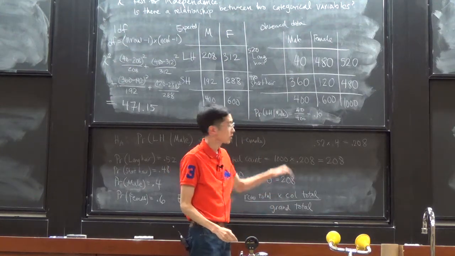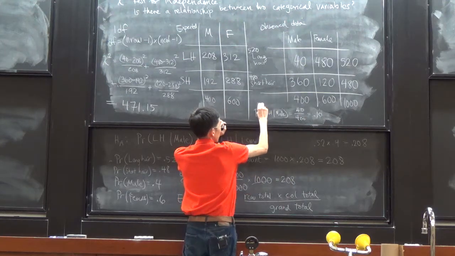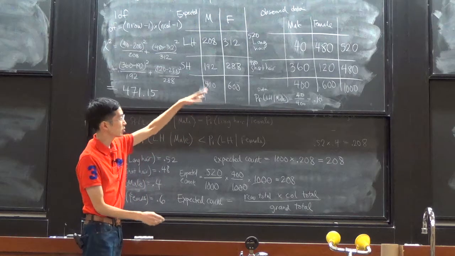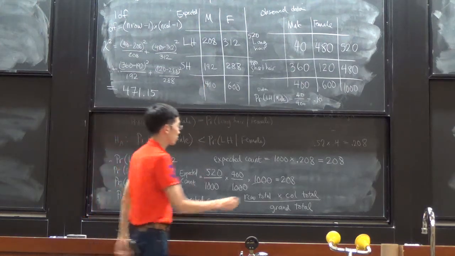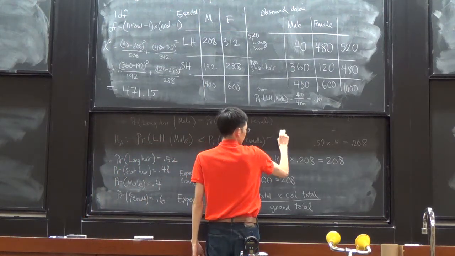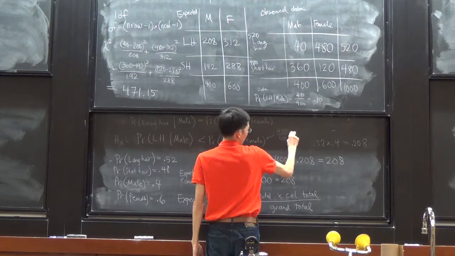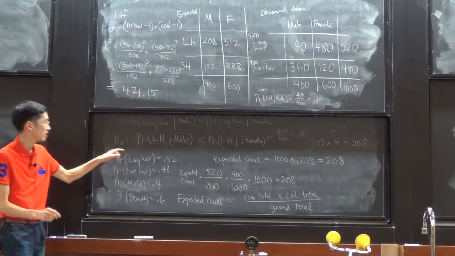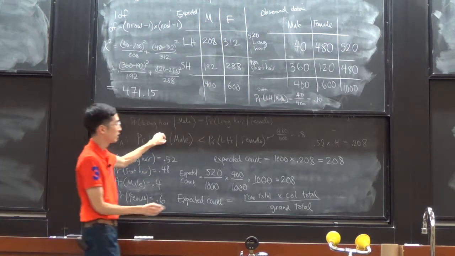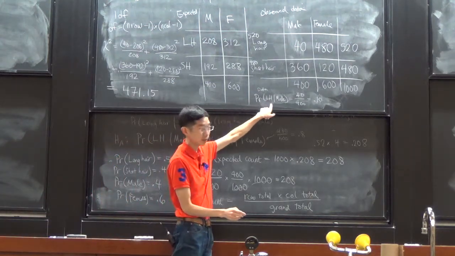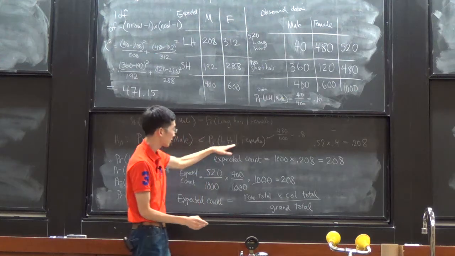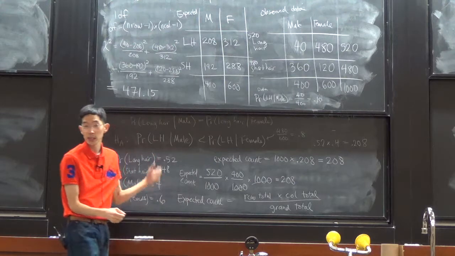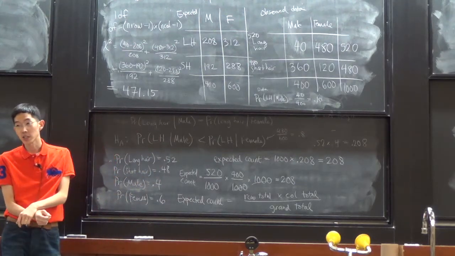Okay? So this is from our data. And then for long hair given female, it would be 480 divided by 600. And I would get 0.8. And so our data does support that 0.1 probability of long hair given male is less than probability of long hair given female. So our data passes our directionality check.